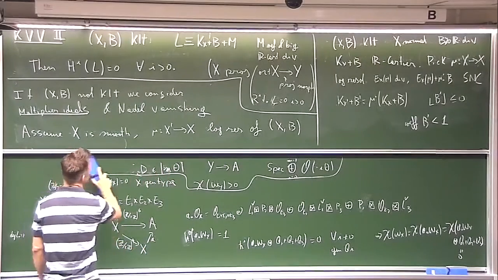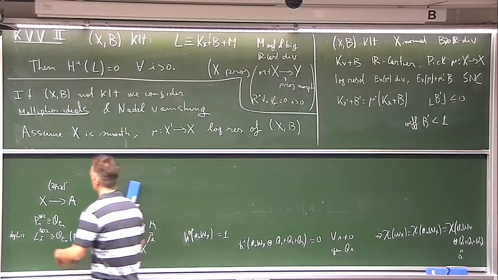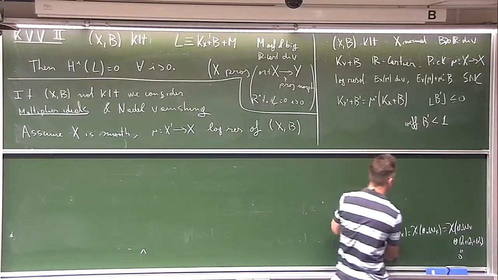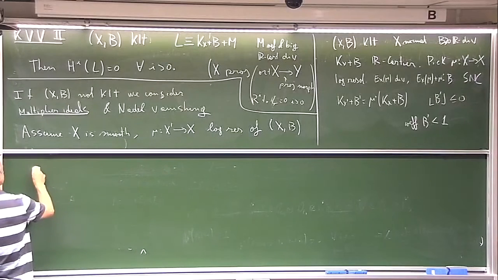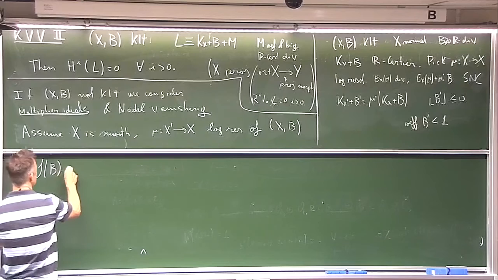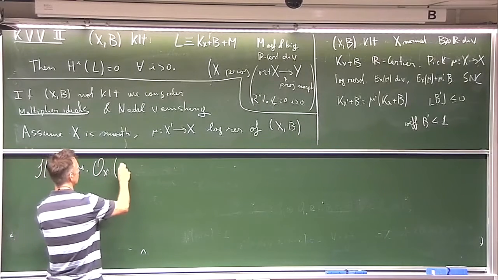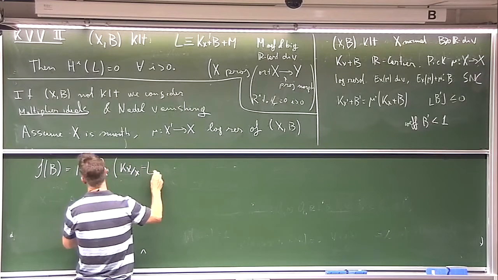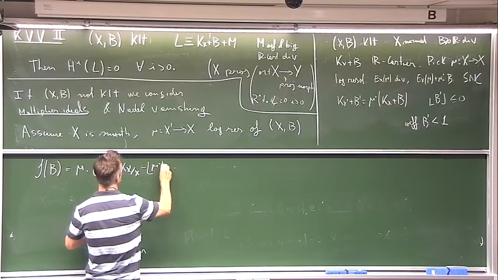And then we are going to define the multiplier ideal sheaf essentially by looking at this gadget. So the multiplier ideal sheaf, usually denoted by J of B, is given by pushing forward O_X'(K_X'/X minus the round down of the pullback of B).